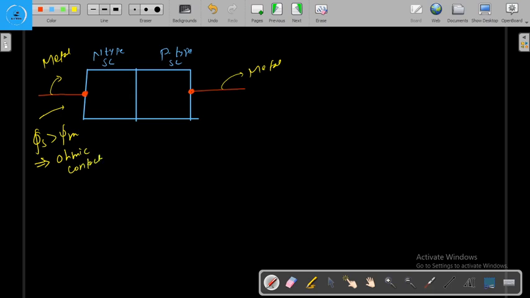And we generally prefer the ohmic contact in the circuit. And second, when phi m is greater than phi s, then the contact is not ohmic; it is the rectifying contact, or we can say the Schottky contact.